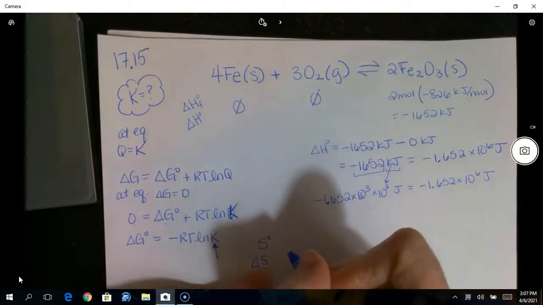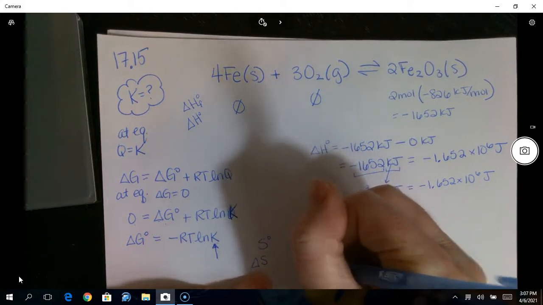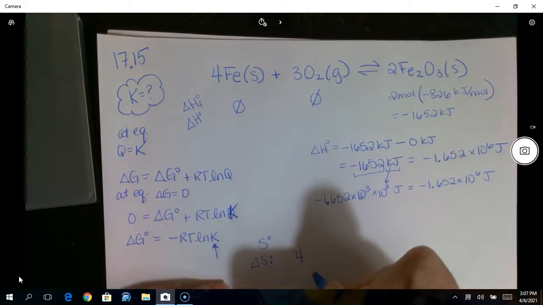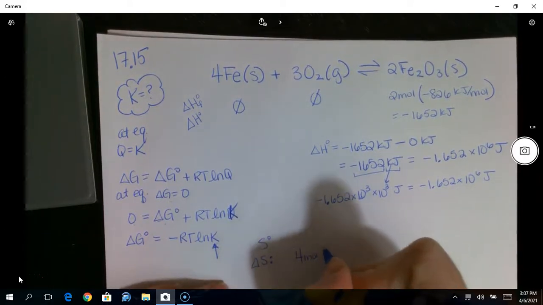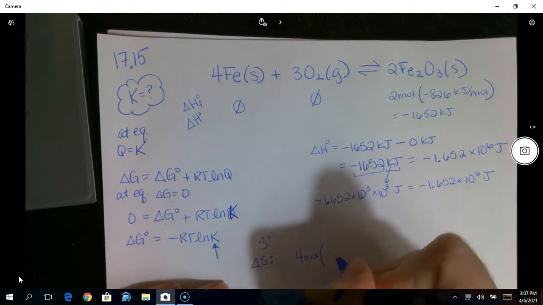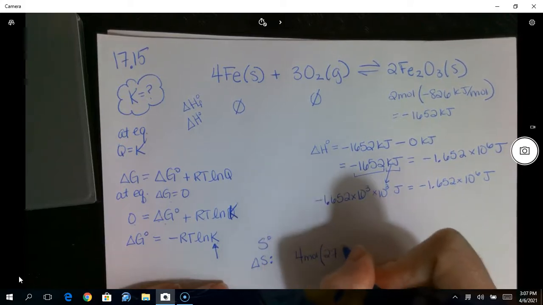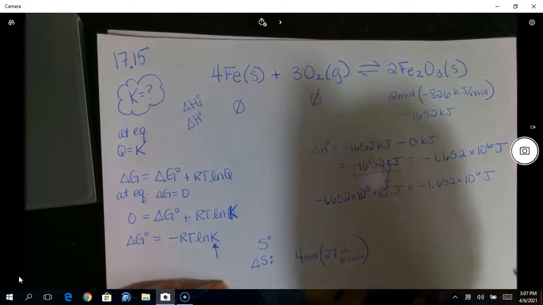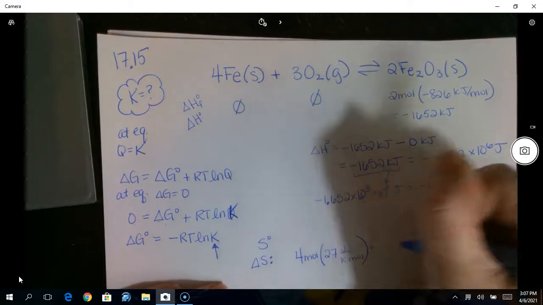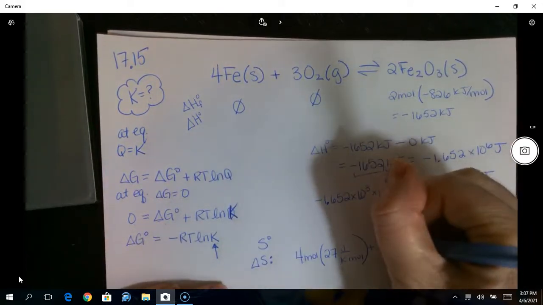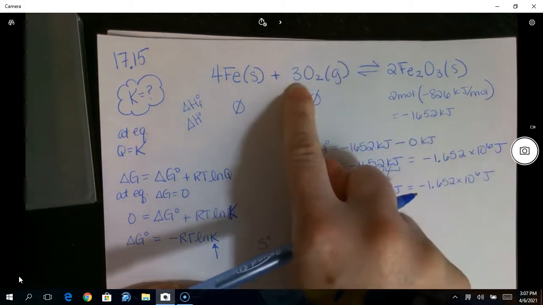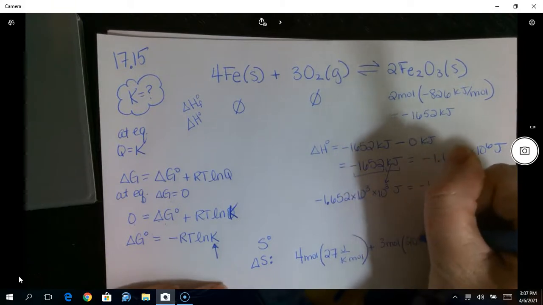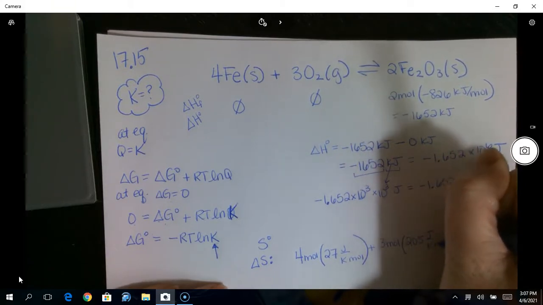For iron, I've got 4 moles, and I'm going to multiply that by 27 joules per Kelvin mole, plus my other reactant, 3 moles of oxygen. I'll look up oxygen on my chart, and that is 205 joules per Kelvin mole.